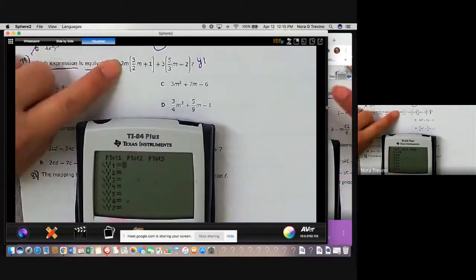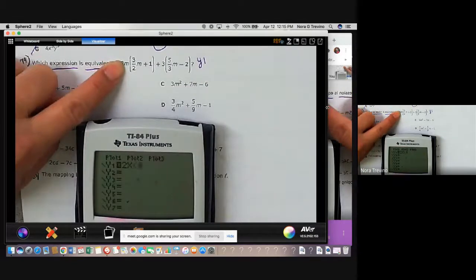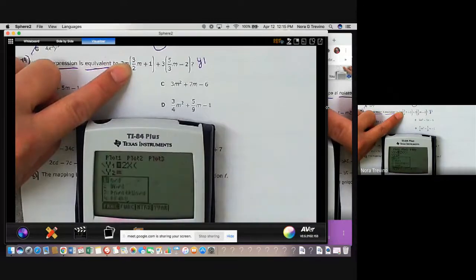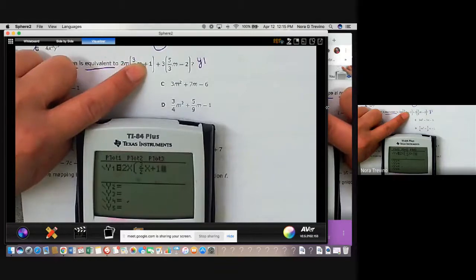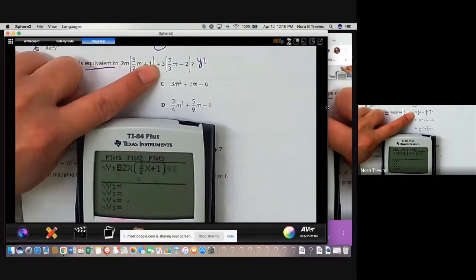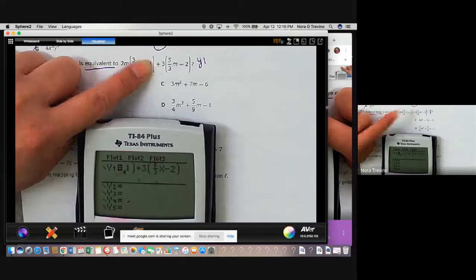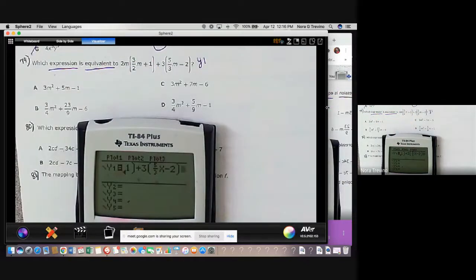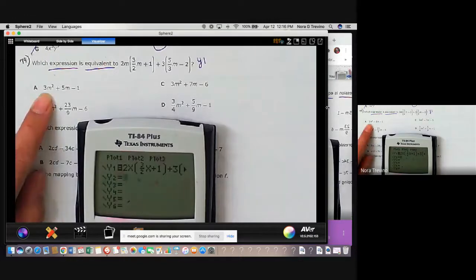2nd, so 2x, parentheses, alpha y equals enter, 3/2 x plus 1, close the parentheses, plus 3 parentheses, alpha y equals enter, 5/3 x minus 2, close the parentheses. That's the original problem. If I think the answer is A, then I'll plug in A. 3x squared plus 5x minus 1.